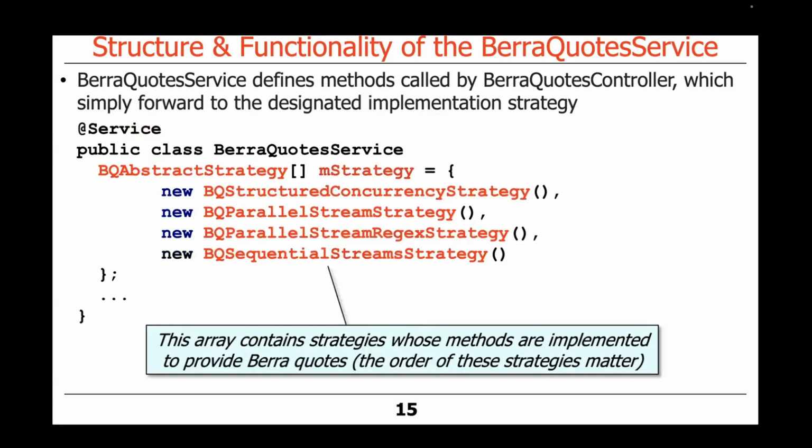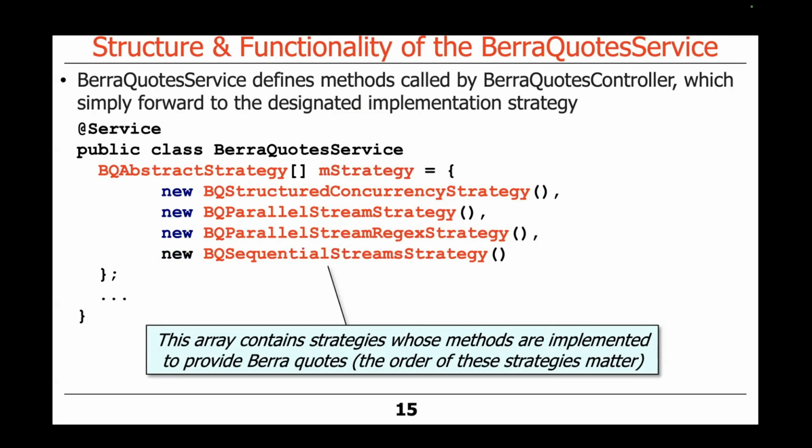Now, what you can see we have here is a local field called mStrategy, which is an array of BQ, BerraQuote abstract strategy objects. And these are the different ways to implement the strategies for handling the quotes. So you can see we have a sequential stream strategy, a parallel stream strategy, a parallel stream regular expression strategy, and a structured concurrency strategy.